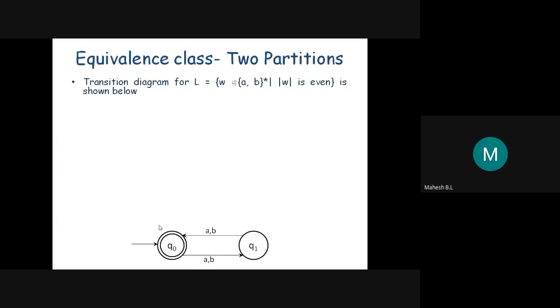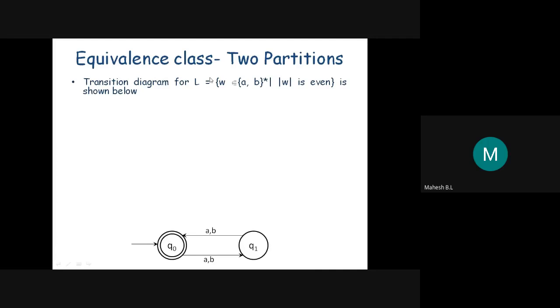Then equivalence class, two partitions. So consider the language of w belonging to A comma B star, where the cardinality of w is even. Language over the alphabet A comma B. So here this is the DFSM. As you can see, there are two states. One is the accepting state, one is the rejecting state.